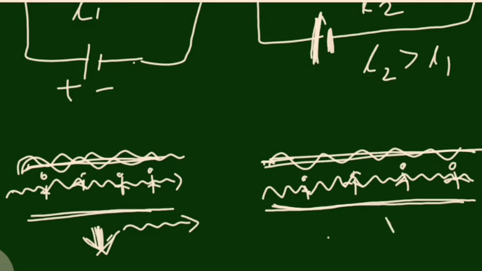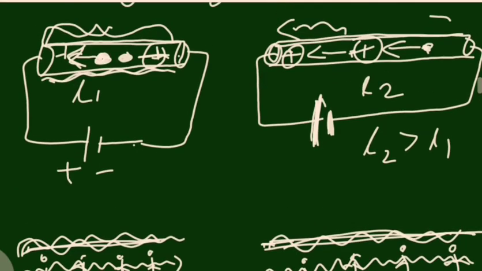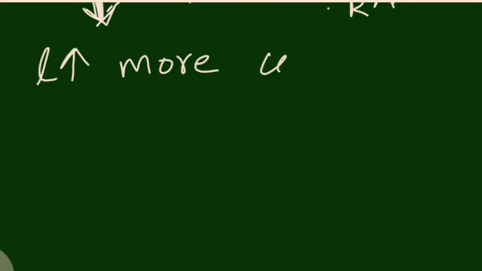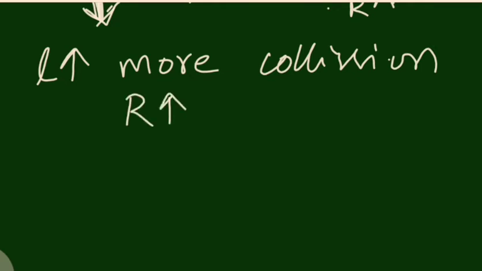Okay, more resistance will be there for you to travel such a long distance. Same is the case of current also. That is, if length is more, you will have to cover more collision. More collision will be there, and if more collision is there, then what will happen? More resistance will be offered.